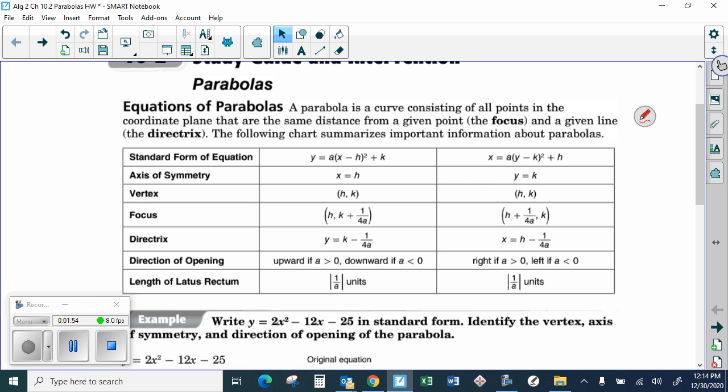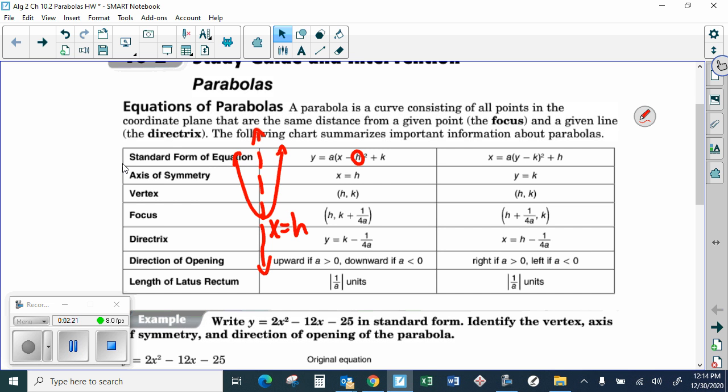Axis of symmetry, remember that means where it reflects directly back onto itself. So if I have a parabola that opens up or down, that axis of symmetry goes right to the vertex, and it's just a vertical line. It's x equals, and it's just the x coordinate of the vertex, which in this case is h.